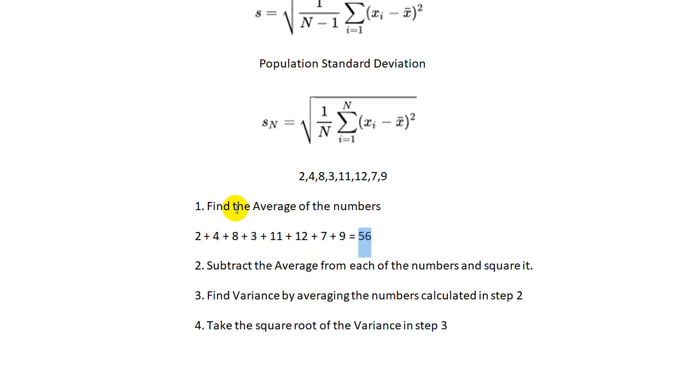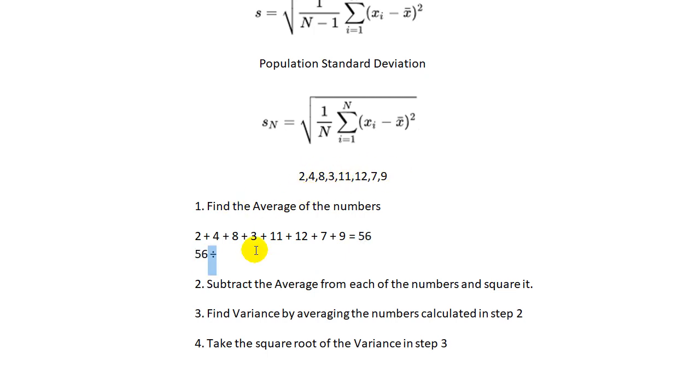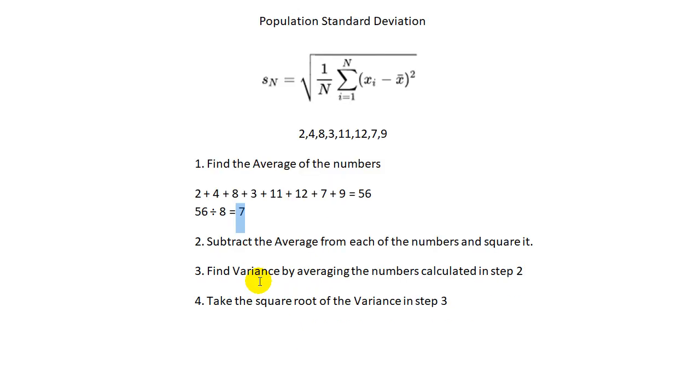So we get a total of 56. Then we need to divide that by the total number in the set. So 56 divided by, by definition, 8 numbers for this problem, is equal to 7. So the average of our numbers is 7. Okay, now we need to find the difference between that and each number in the set.